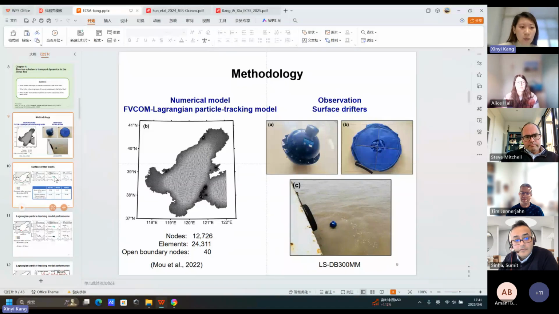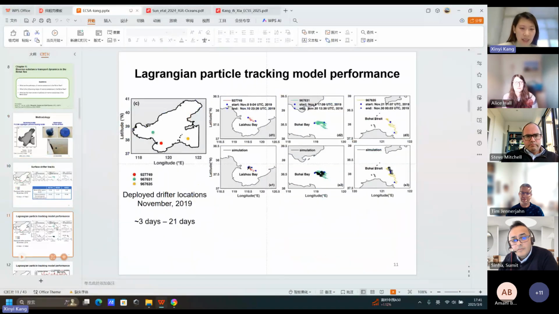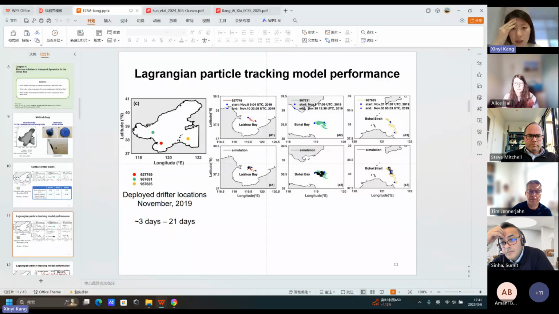And for my study, for the Lagrangian particle tracking model, it's very hard to do model calibration and validation. So we updated the model because, due to the setting of the random walk, we have the horizontal diffusion coefficient. Previously, in the old version of the Lagrangian particle tracking model, we set a constant value for the horizontal diffusion coefficient for the random walk module.